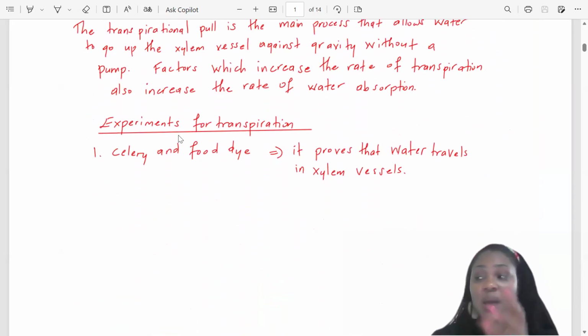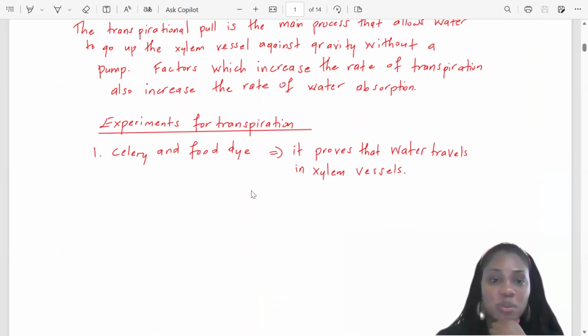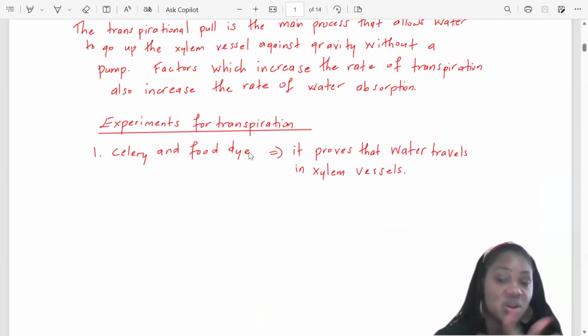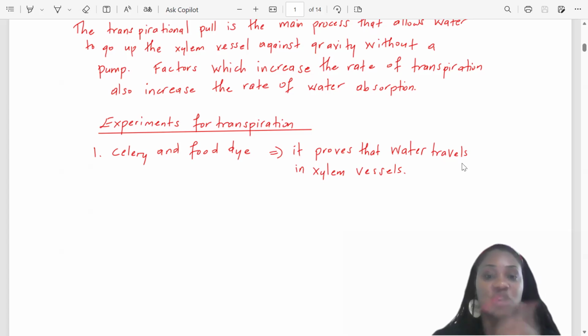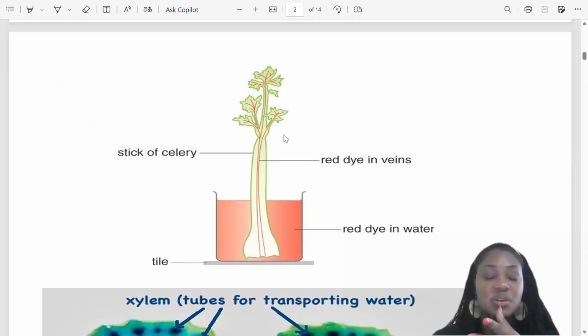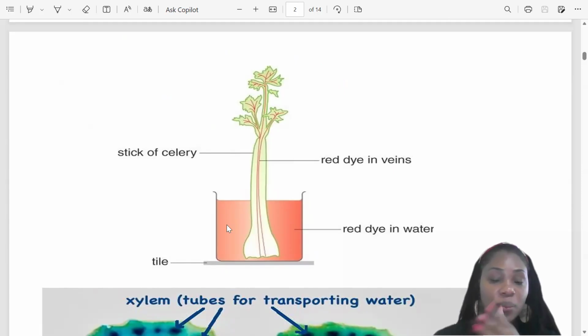All right, so now I'm skipping down to the part about the experiments for transpiration. Celery and food dye, which is what we just saw in the video, proves that water travels in xylem vessels. So you put the celery in the dye, and after a while you take it out, and you're going to see a column with the color of the dye all the way up to the leaves.